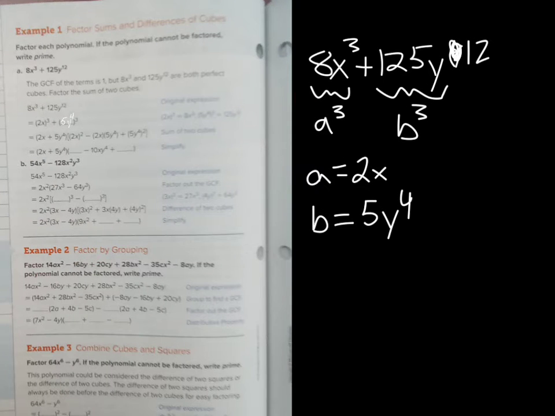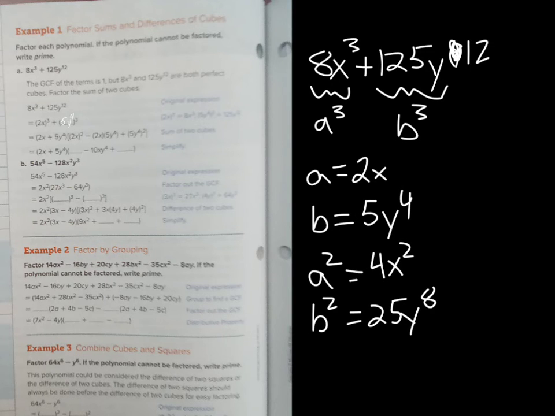Now I like to just write out what everything is, because I know I'm going to need an a squared, because I know the formula. So a squared should be 4x squared. And I know I'm going to need a b squared, so that's 25y to the 8th. So now I have all of the terms I need. And again, you just got to memorize that formula. I have it memorized already.